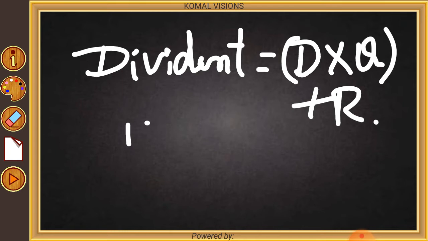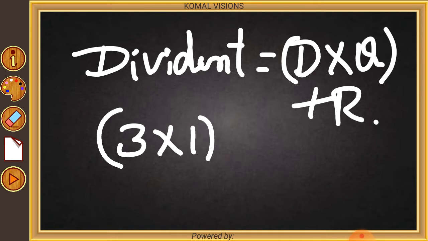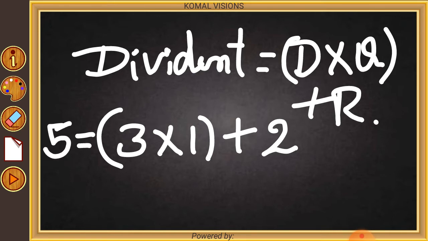That is, what was our divisor before? Our divisor was 3, into our quotient, which was 1, plus what was our remainder? 2, in the problem before. And our dividend was 5. This was the formula in order to verify our division process.